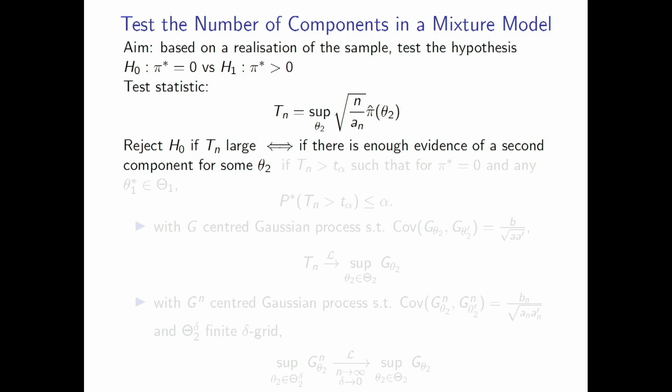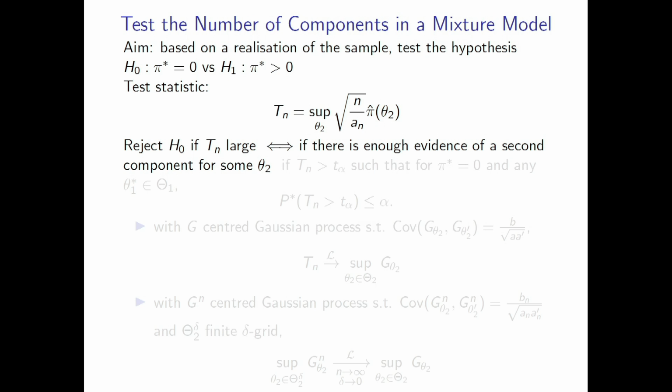That means that rejecting H naught, which for us is pi star equal to 0, when Tn is large, amounts to rejecting pi star equal to 0 if for at least one value of theta 2 there is enough evidence that a second component exists. So this is what we do here.